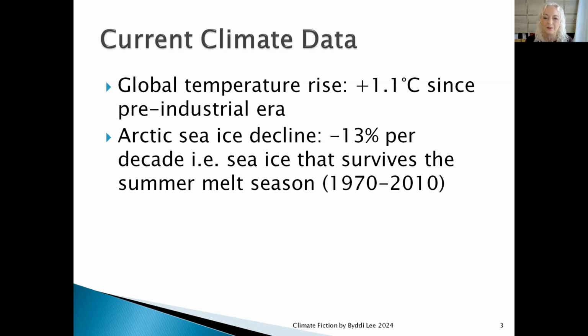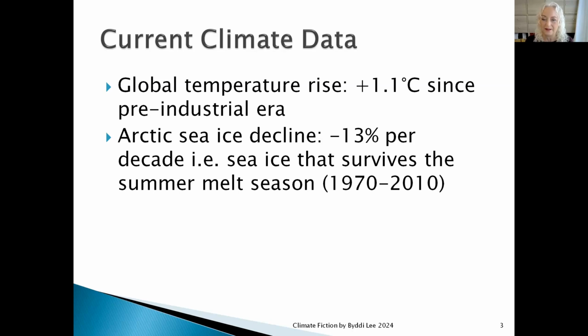Really, where they've come up with this, it's the sea ice that survives the summer melt season, and this is between 1970 and 2000, this particular statistic. Some statistics are coming up at minus 30% in more recent years. I think it was 2019 or whatever. But just to give you this idea of the differing statistics that are going to be thrown at you and how to interpret them: drill down, find out exactly what they're talking about.